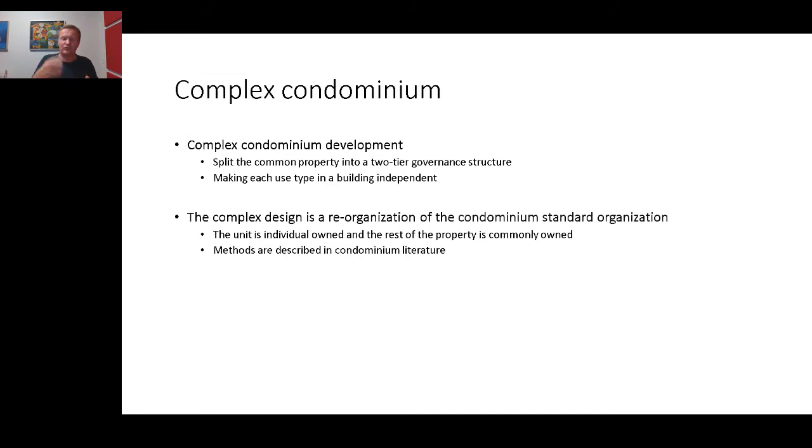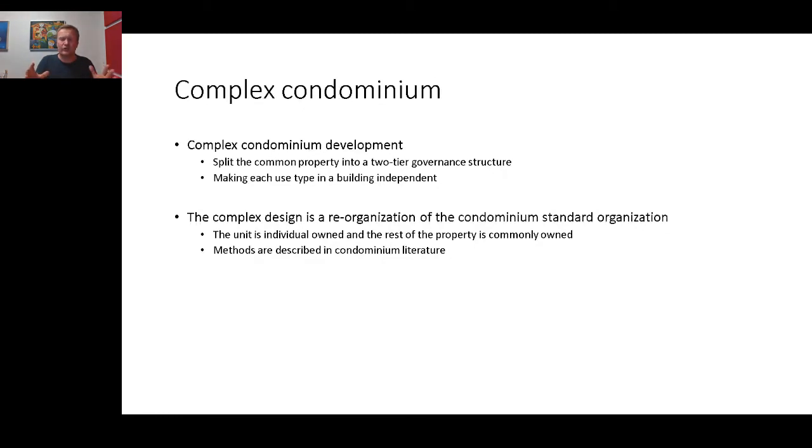So you have to disrupt, or reorganize, the standard principles of condominium law, that all condominiums have a share in the common property. Now, in the classic condominium literature, this is often addressed as splitting the common property into a two-tier governance structure.